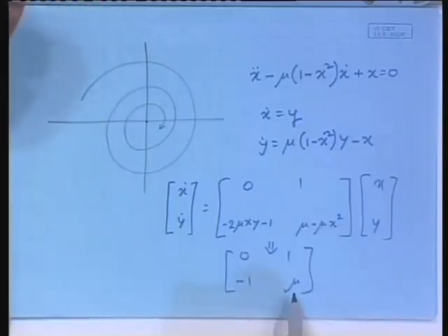The rest you take as an exercise that we will do before coming to the next class. For mu values negative and for mu values positive, you calculate the eigenvalues. Therefore, as you change mu as a parameter, the vector field will change this way, right.